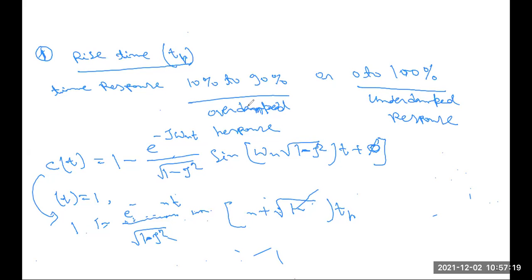The equation is c(t) at t r equal to 1, that is 1 equals 1 minus e to the power minus zeta omega n t divided by root over 1 minus zeta squared. This is basically the transient response of second order control systems. I conclude this session, and we will discuss these topics again very clearly in the next classes.